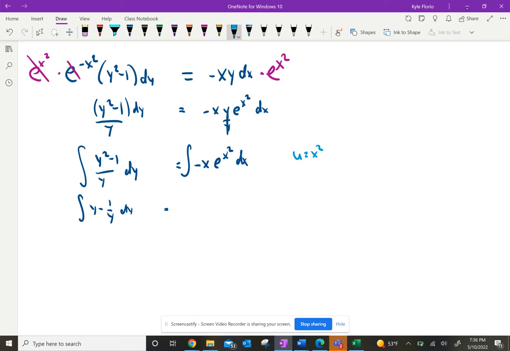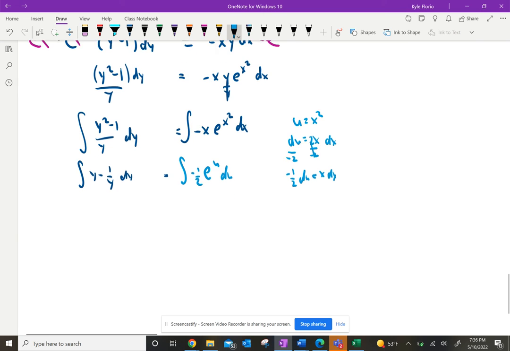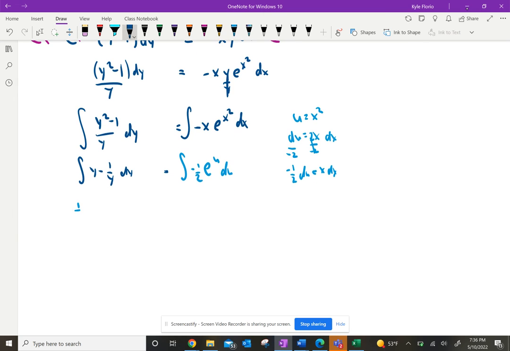If I take u to be x squared, du is going to be 2x dx. And I want a negative x, so I'm going to just divide both sides by negative 2. So negative 1/2 du equals negative x dx. So this is going to be the integral of e to the u, and then the negative x dx is going to be negative 1/2 du. So it's going to be 1/2 y squared minus the natural log of the absolute value of y equals negative 1/2 e to the u plus c.